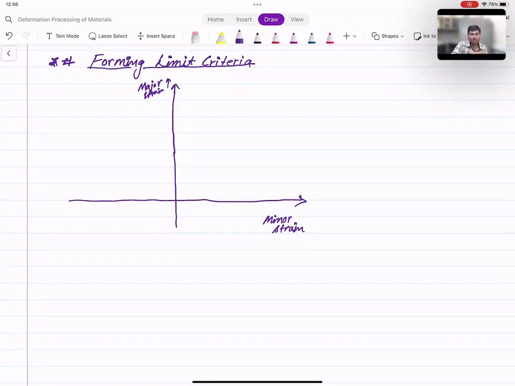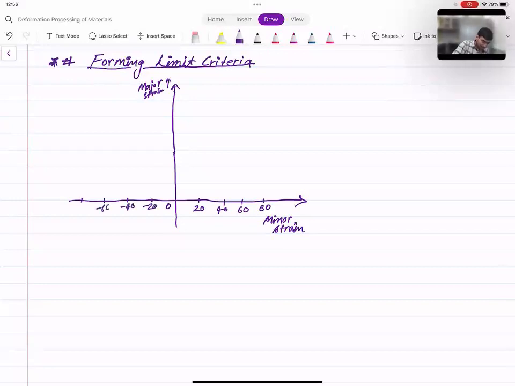So tension compression region. Okay, so these are the values: this is say 0, then we have values like 20, 40, 60, 80, and so on. And on this side we have say -20, -40, -60, and like that.